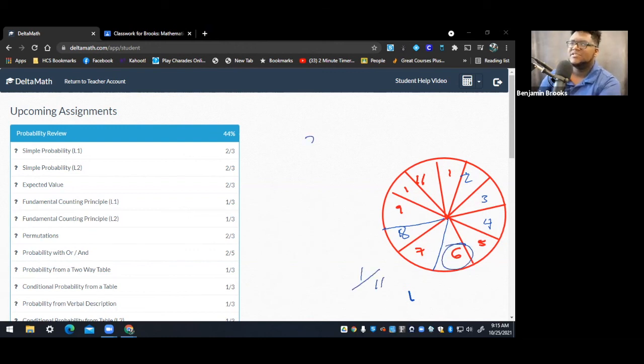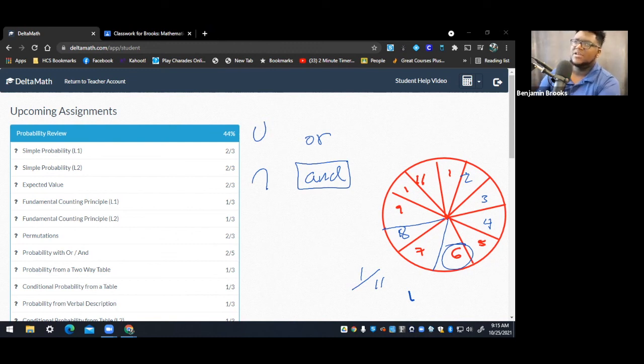So notice the difference between or and and. When you think about and, that's the intersection we use right here, okay? So when you think about and, it has to satisfy both. And if you think about or, which is the union symbol, it could be either this one or that one. Y'all see the difference?